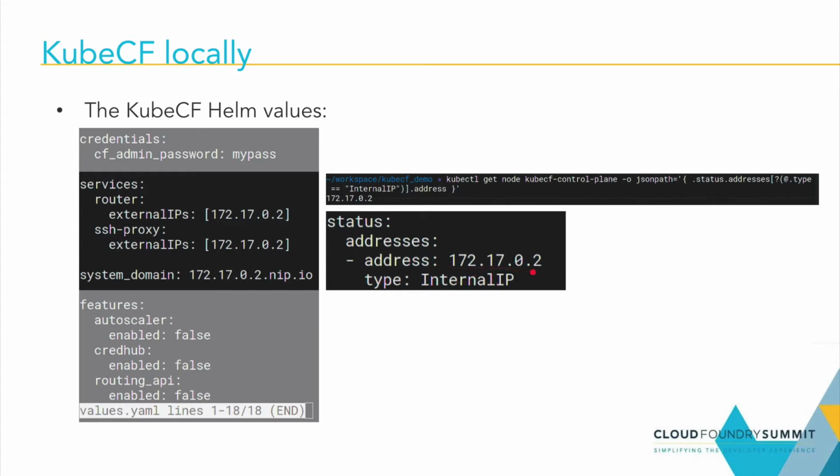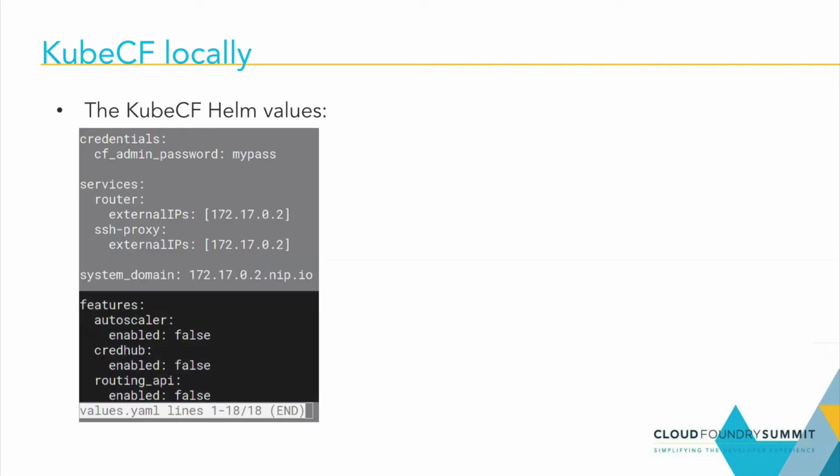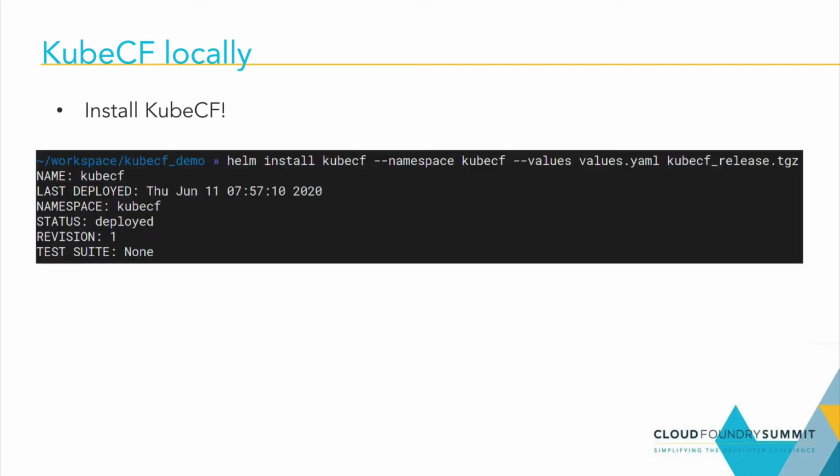And this IP is accessible from the host network, so you can use that one, and you specify it in your system domain using nip.io or xip.io or something else from your preference. And then features, we disable the ones that we can disable. There are autoscaler, CredHub, and routing API.